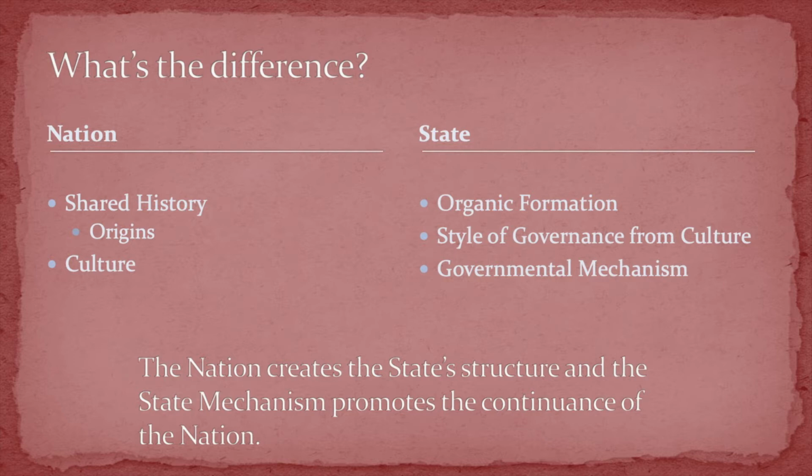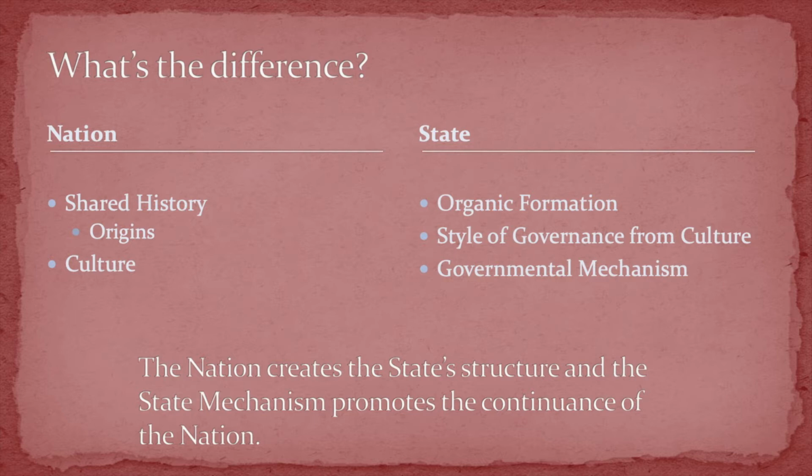And again, I want to remind us all about the difference between a nation and a state, right? A nation is a shared history, right? We all come from the same place. We all have the same origins. And we are coming together as a people, and to help us maintain who we are as a people, we're going to develop this way of governing ourselves, this state mechanism, right?